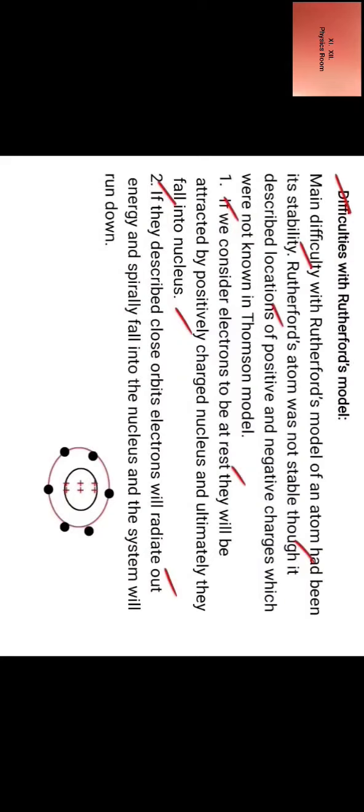It was also unstable. The difficulties of Rutherford's model were overcome by Bohr's model of an atom. How these difficulties were overcome, we will take up in the next lecture.